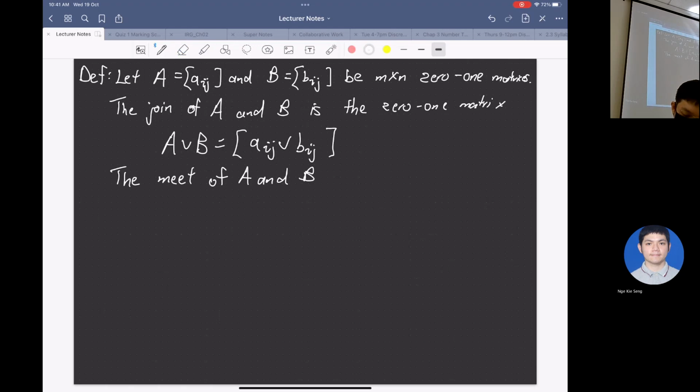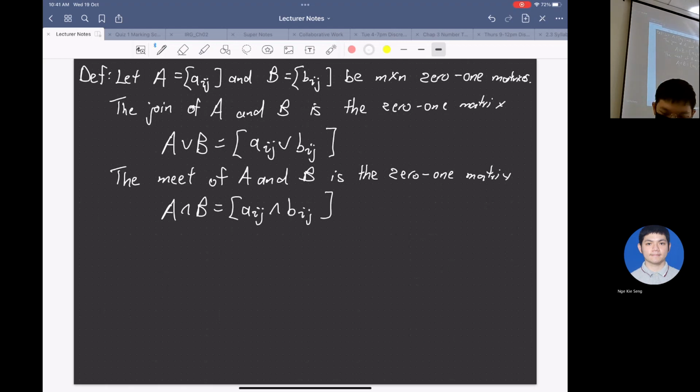This one is the big O, and the meet takes AND at every entry. So for example, we have 1, 1, 0, 1 and 0, 1, 1, 0.